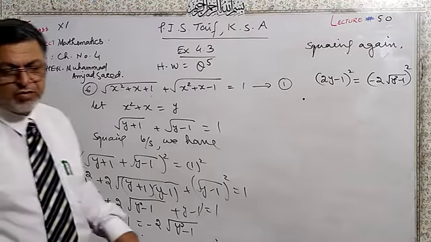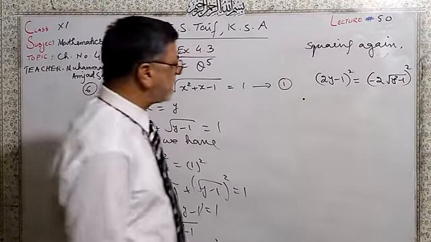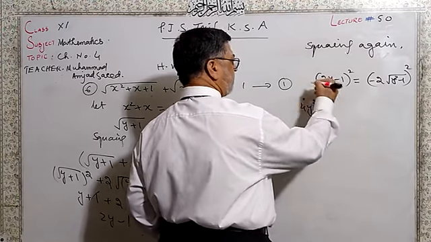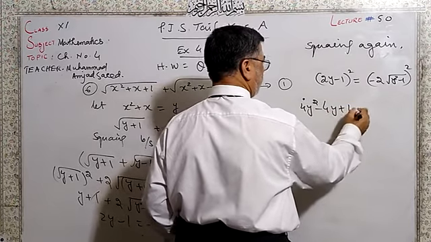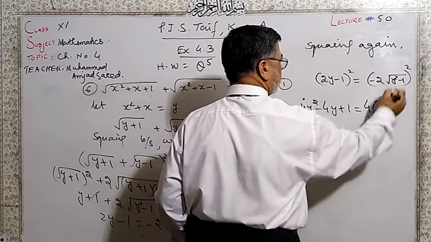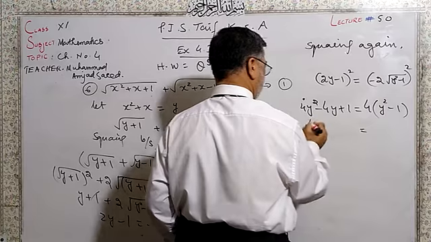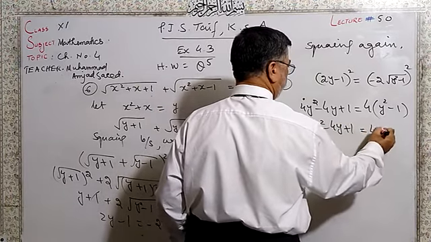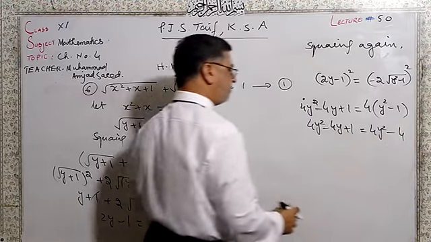Now we will open up the formula of square as 4y square minus 2 into first into second, minus 4y plus 1. Minus 2 square is 4 and square root cancelled out, y square minus 1. So 4y square minus 4y plus 1, and 4y square minus 4.